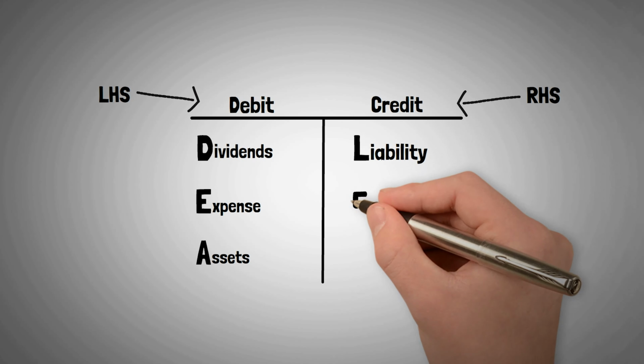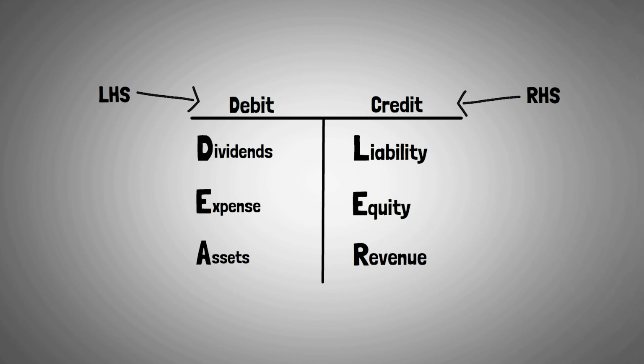And on the right hand side we have liability, equity and revenue, that is LER of DEALER. So dividends, expense and assets are debited when they increase and credited when they decrease. Liability, equity and revenue accounts are credited when they increase and debited when they decrease.